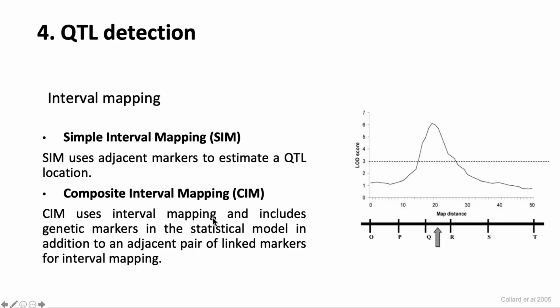So composite interval mapping also uses interval mapping, but in this case the model also uses markers that are in the background of the genetic map as covariables in the model, and basically that makes the identification of the QTL with composite interval mapping more reliable because it uses more information in the genetic map.